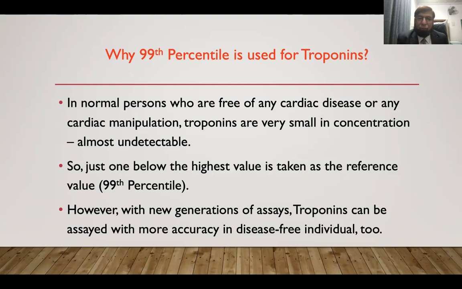As in statistics, you know, n-1 is usually used, because we assume that the 100th highest value might have some problem which was not diagnosed. So for a safe limit we just use n-1, that is the 99 percentile.